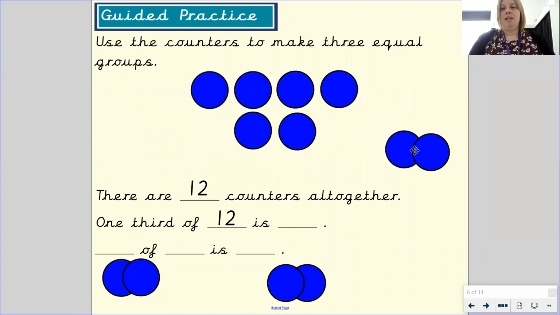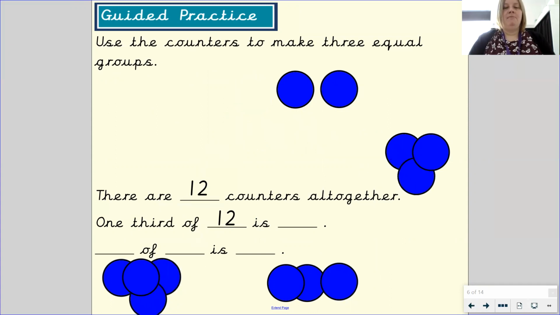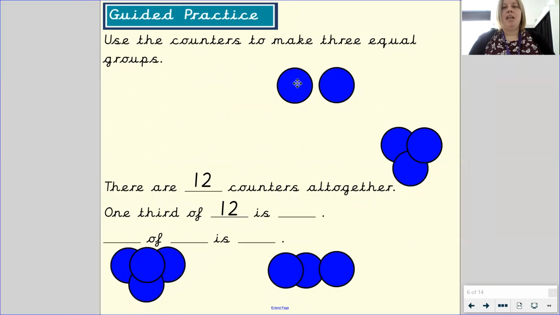I'm going to put another one in this group, and I'm sharing them equally because we've got to make sure that each group is equal. Remember, equal means having the same amount in each group.